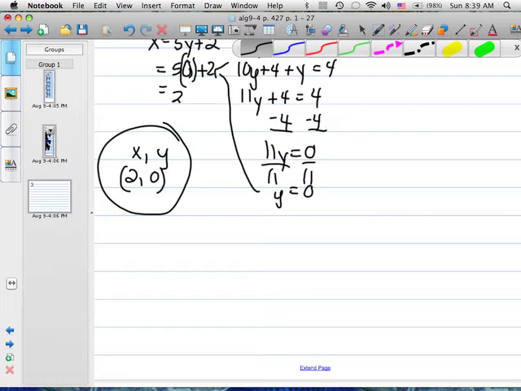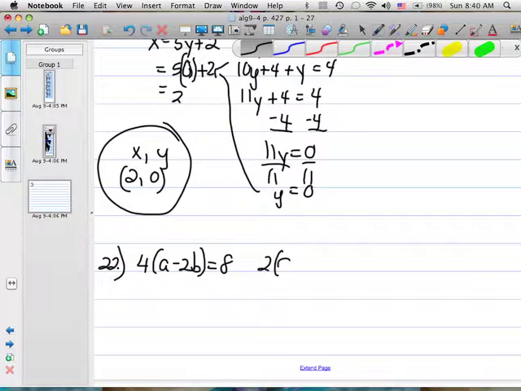And problem number 22, we have 4 times the quantity a minus 2b equals 8, and 2 times the quantity a plus 4b equals negative 8. So I multiply these out, I get 4a.